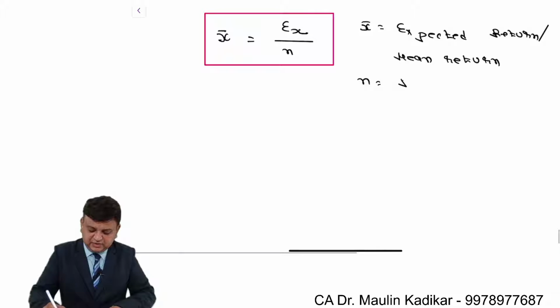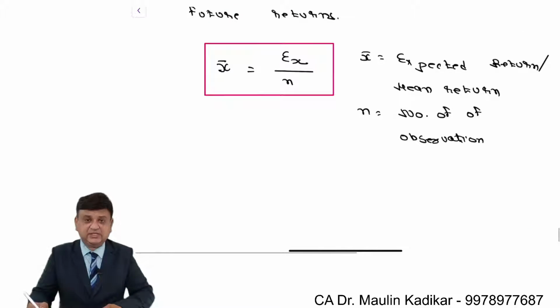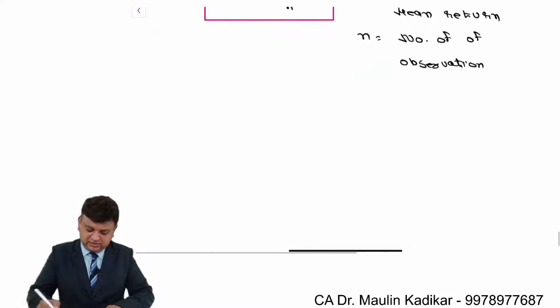N is the number of years or number of observations. And summation x is the total of the returns.